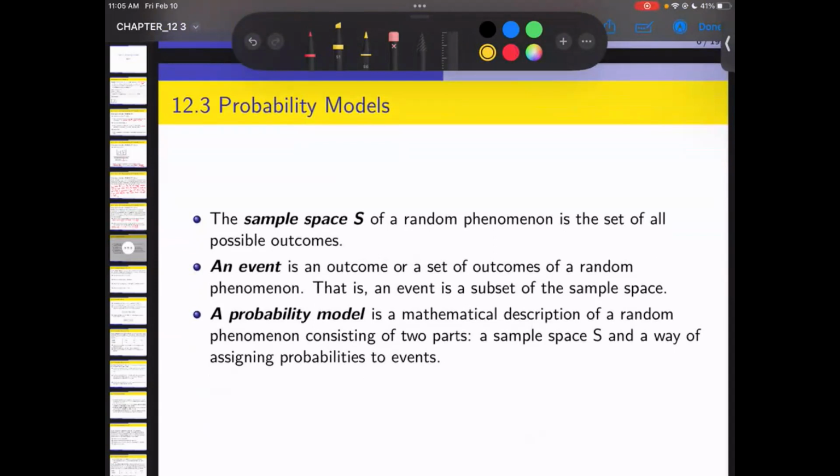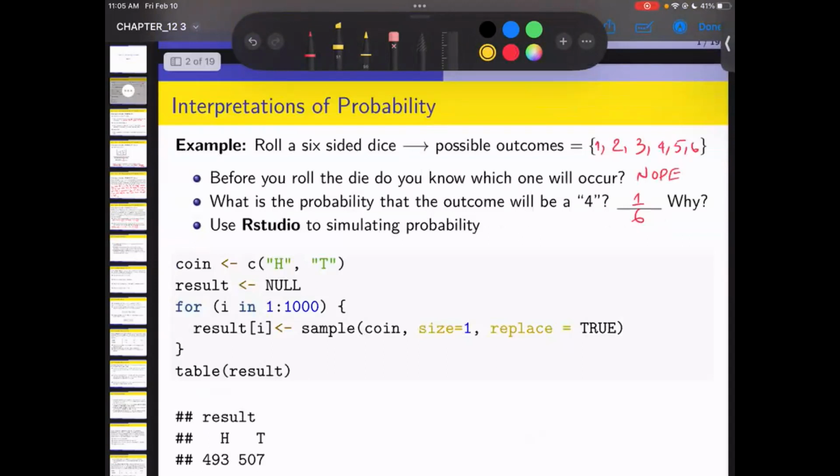So for example, if I go back to the coin flipping, what is the sample space for me rolling a 6-sided die? 1 through 6, right? So those are my sample space right there. It's just the fancy way of saying all possible outcomes.